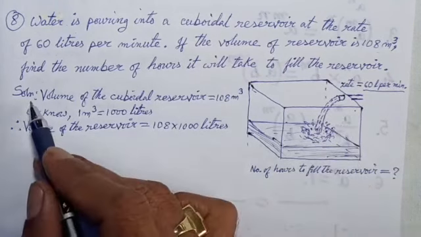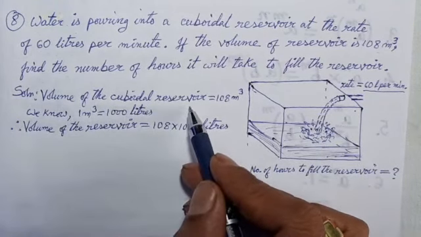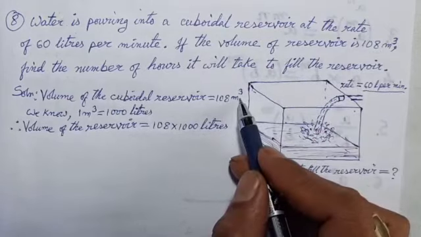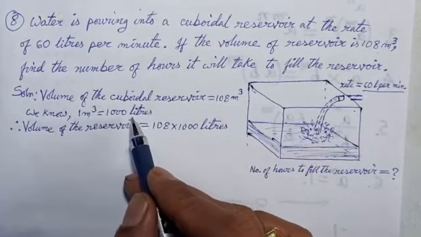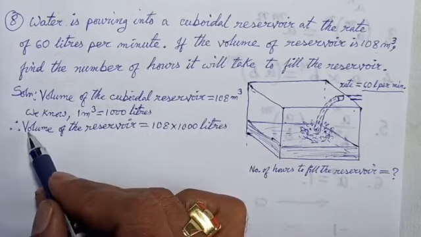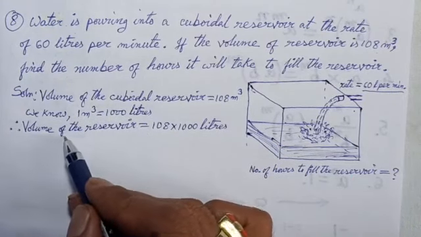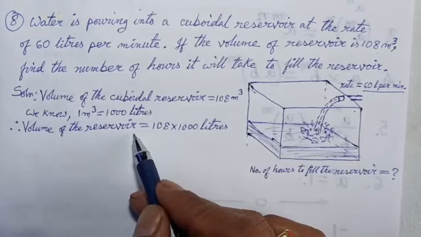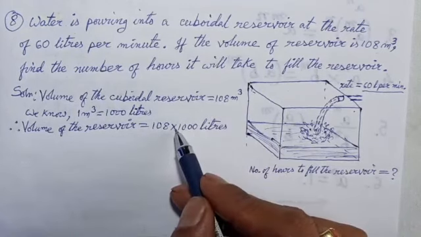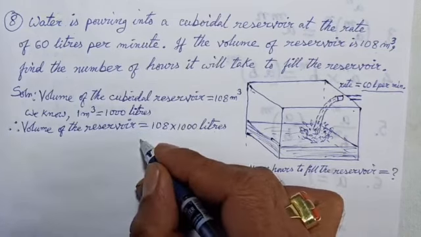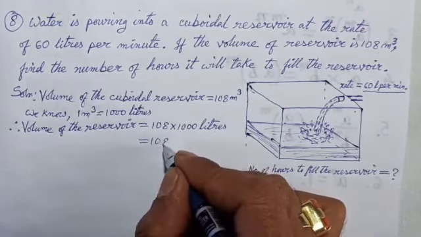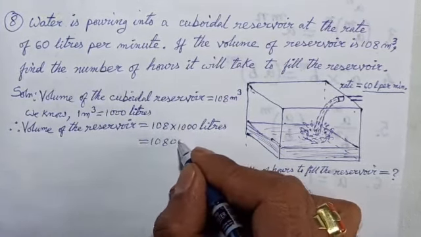Now solution. Volume of the cuboidal reservoir is given as 108 meter cube, and we know 1 meter cube is equal to 1000 liters. Therefore the volume of the reservoir is 108, and converting into liter, multiplying by 1000, we are getting 108,000 liters.